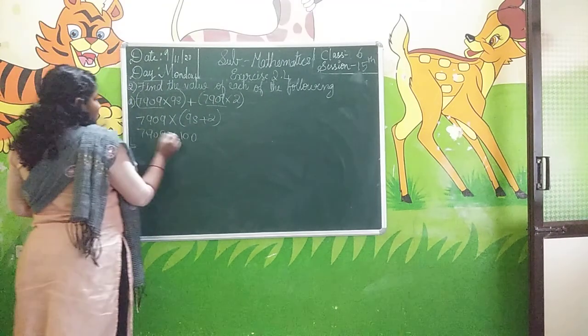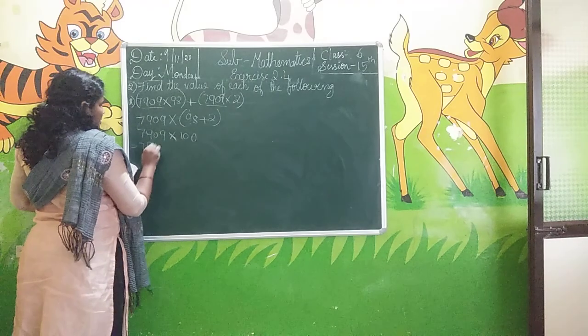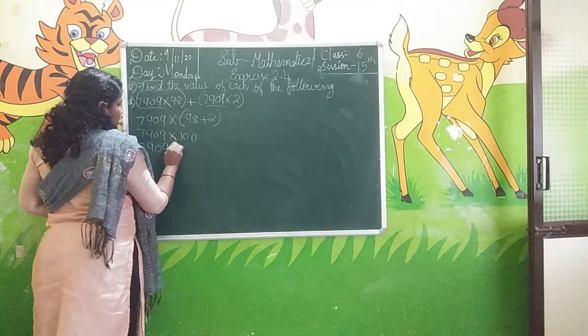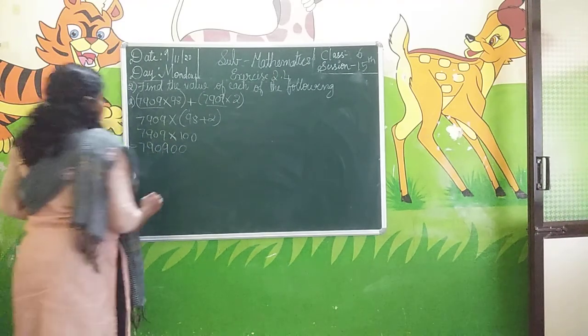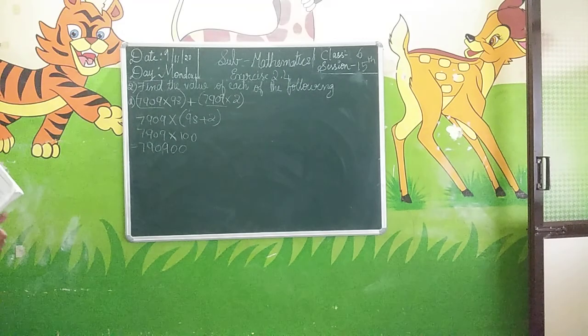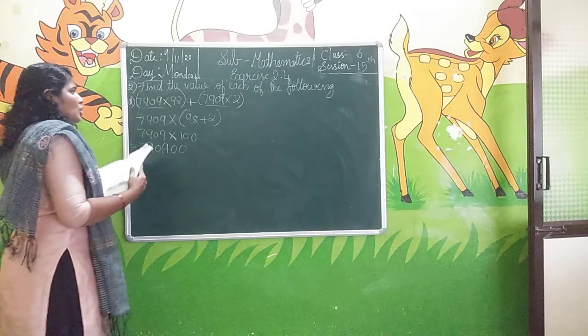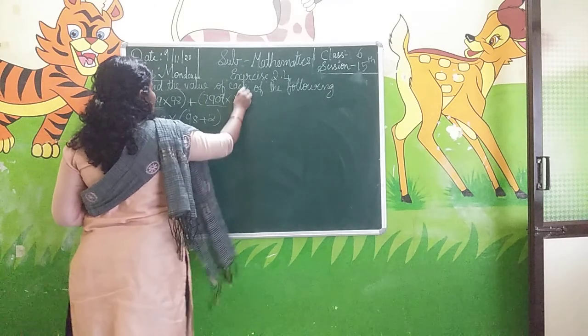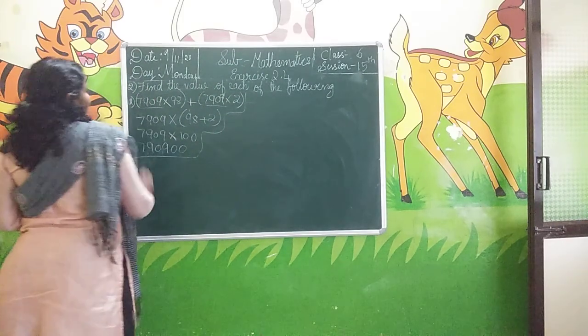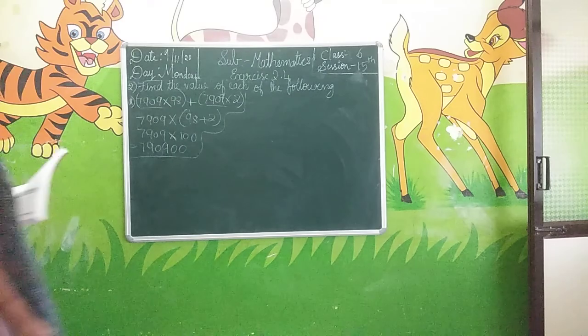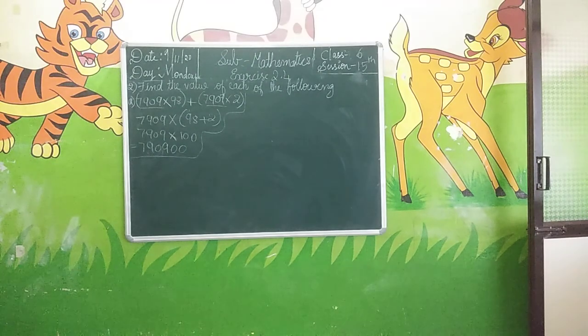Now you multiply this and you get the answer as 7,90,900. This is a very easy method of doing multiplication using the distributive property of addition. Here they have given a plus symbol, so it is the distributive property of addition.